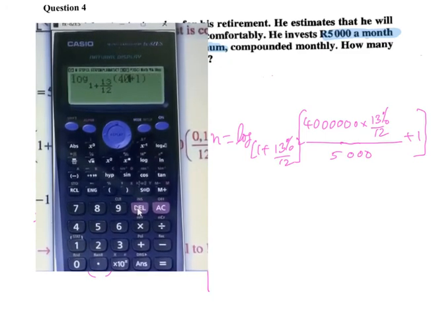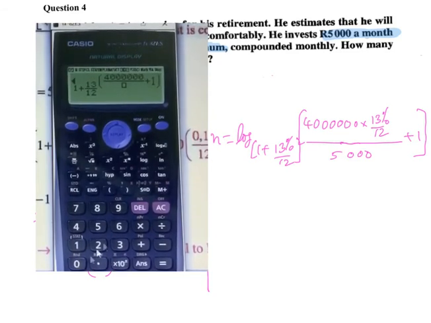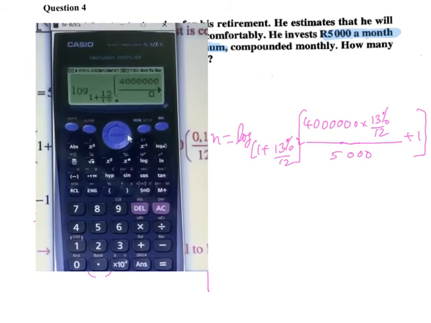So that is 4 million times 13% divided by 12, and my denominator is going to be 5,000. So that is my logarithm.